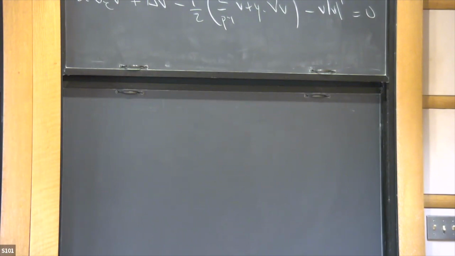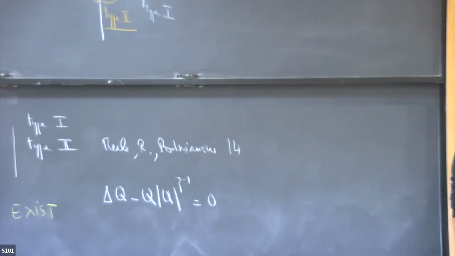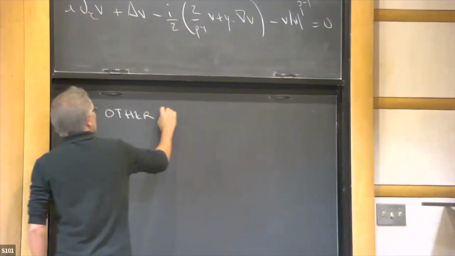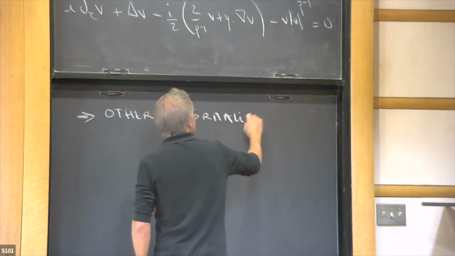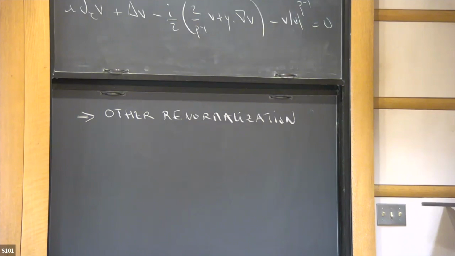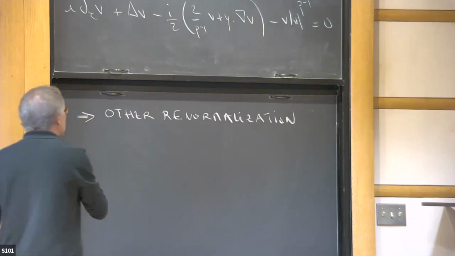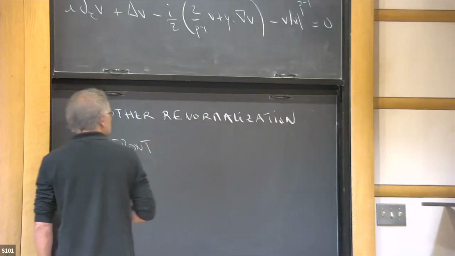None of your candidates work, but what you need is another renormalization. You need to understand that you're not looking at the right picture. And this other renormalization is very simple. It's a blow-up of the front. That is, you need to change variable.